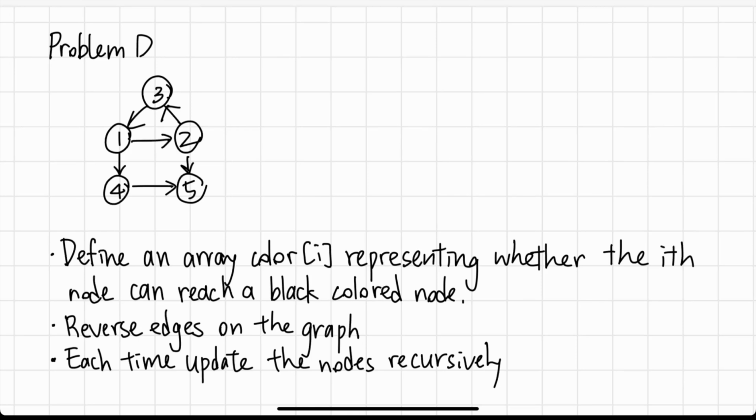Then for each update of type 1 query, we update all the possible nodes that can be reached by this current vertex. So for example, in the sample input, we first update this node and color it black.